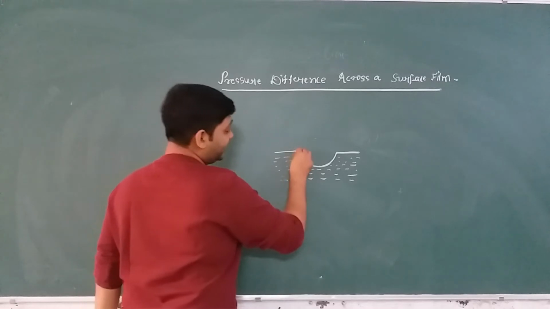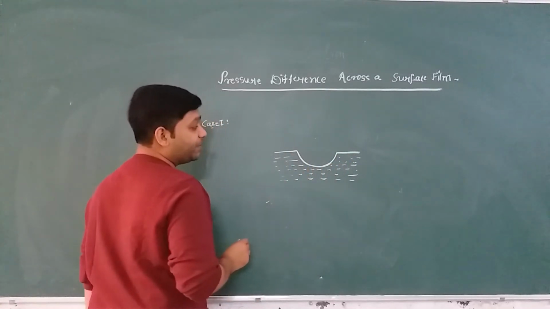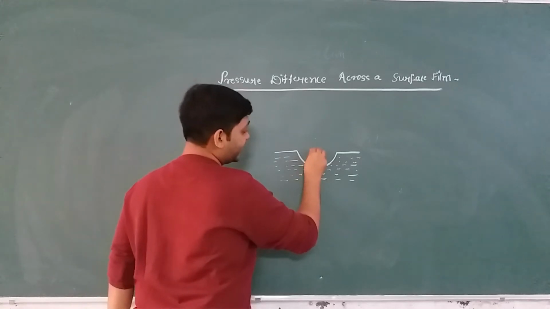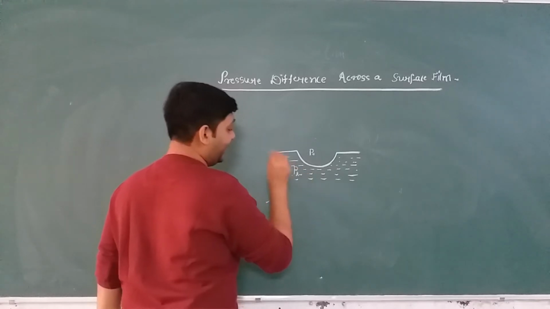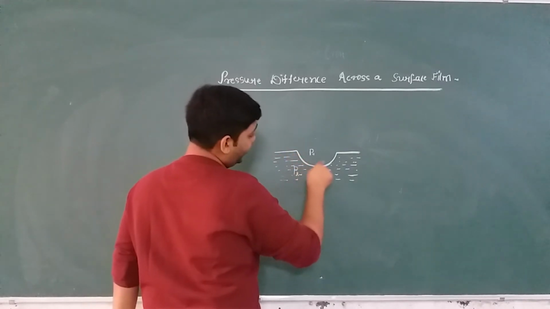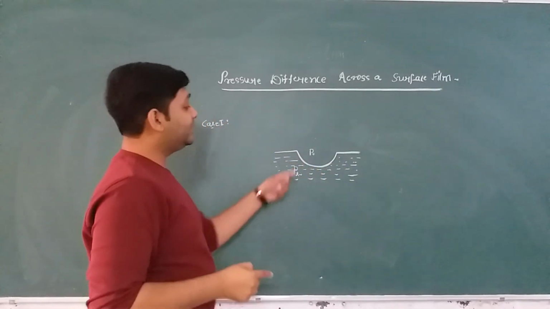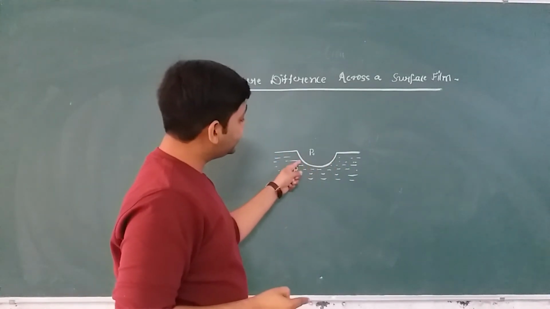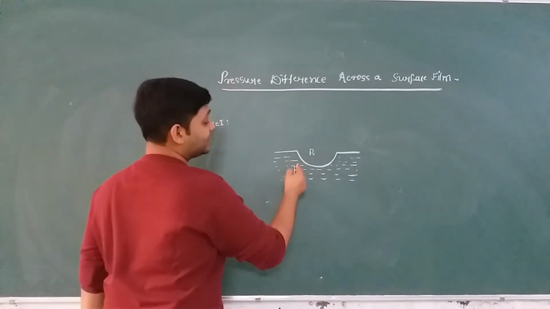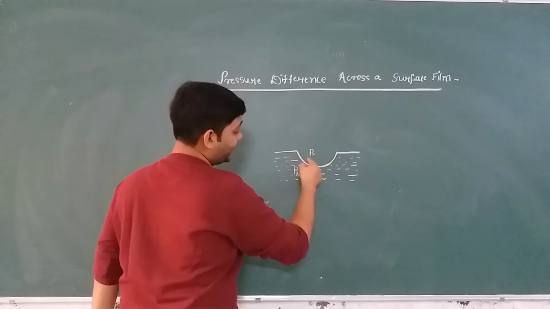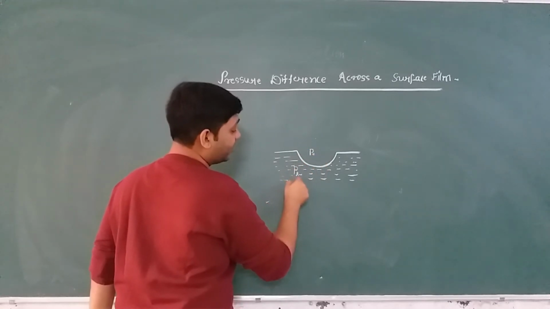Now for these molecules to be in equilibrium, there must be some pressure balancing it. If the pressure outside is P naught and the pressure of the liquid is Pl, then due to the surface tension force, the molecules on the surface experience an outward force. Now to balance this force, the pressure present outside the surface must be greater than the pressure of the liquid.